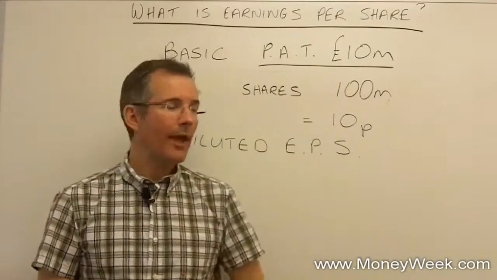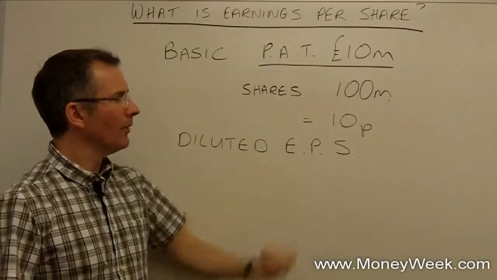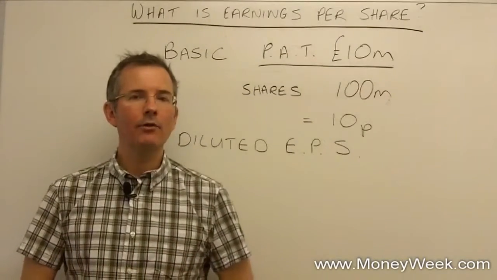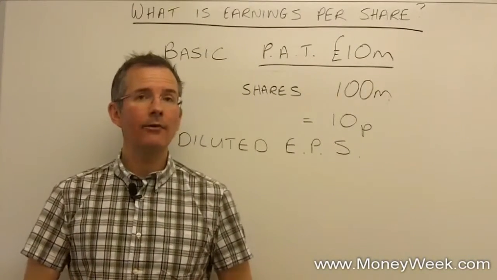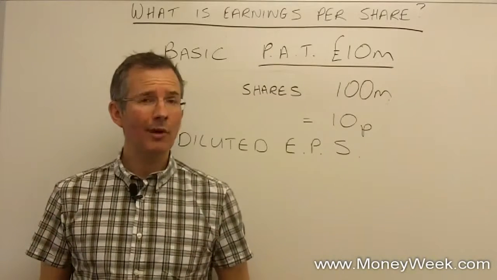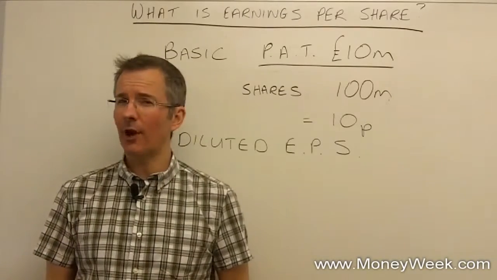And so what we're saying there is, what if, for example, there are share options outstanding? Some of the directors may have the right to demand new shares as part of their pay packet. They haven't exercised that right yet, but what if they did? Would that change earnings per share? And do investors need to know the effect?